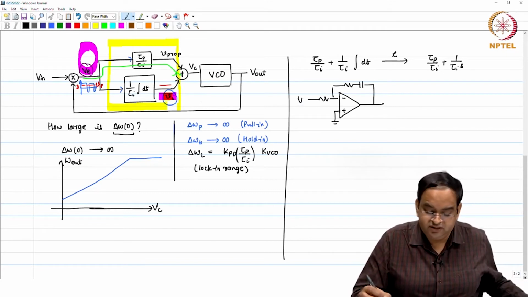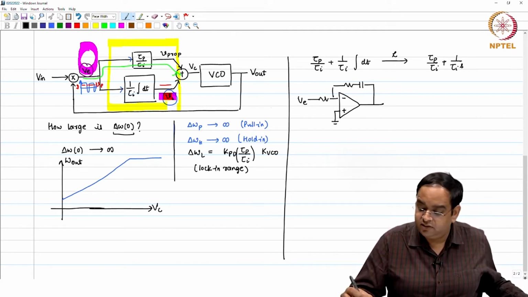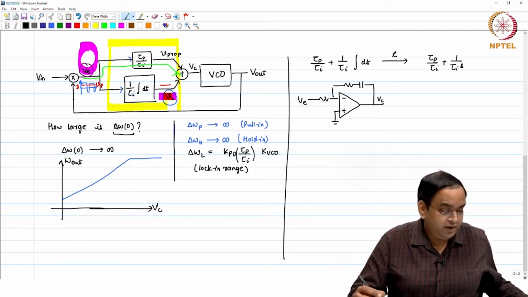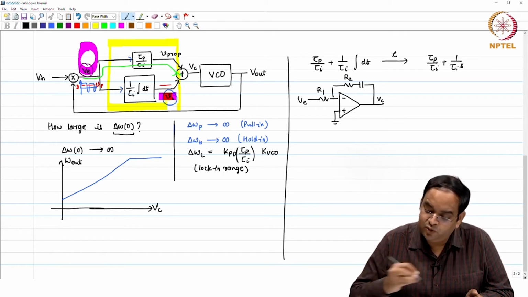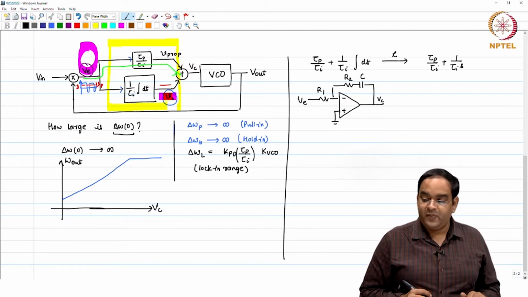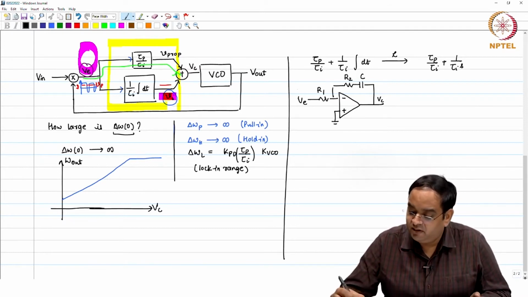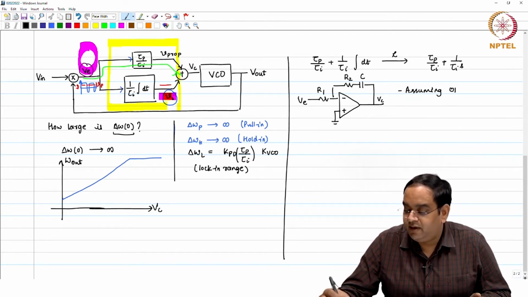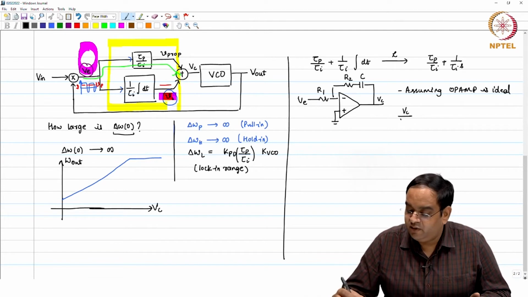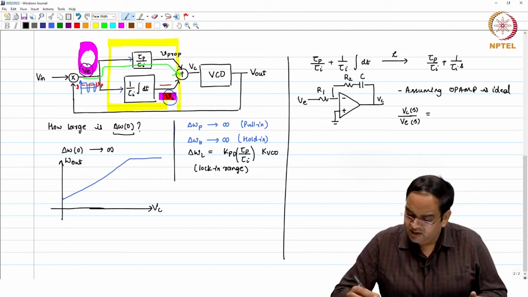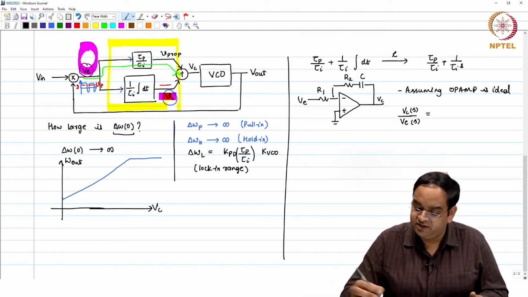This is, you can say, V error, this is V C, and this particular resistance happens to be R1, this is R2 and this is C. So, assuming the amplifier is ideal, assuming your op amp is ideal, what you will see is that Vc by V error in Laplace domain happens to be simple, you can just work it out. So, let me just help you with this.